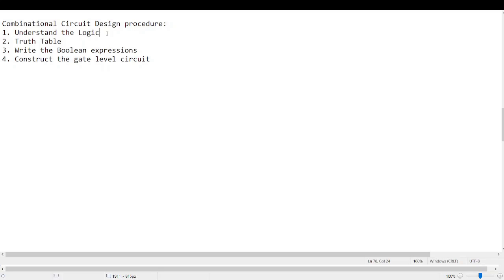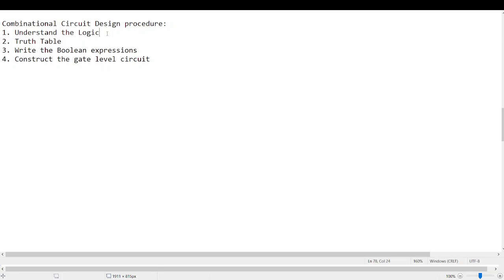Now in the second step, the truth table: based on the understanding that we have got of the logic, we will write one truth table. Now what is a truth table? A truth table is a table in which we have input signals and output signals. Based on the input signal values, we write the output values with respect to the input values.